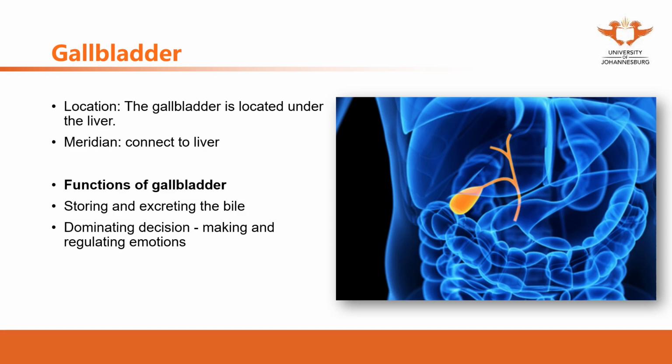So if someone has a disorder of the dominating function, the decision-making function, what we can see from the phenomenon is that those people are very hard put to make decisions.